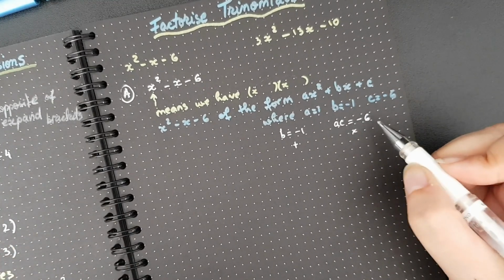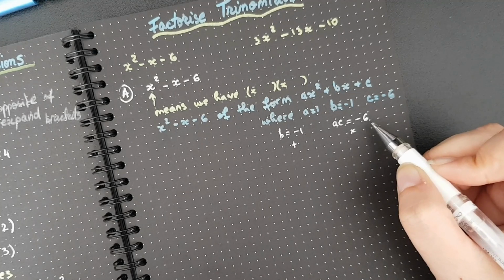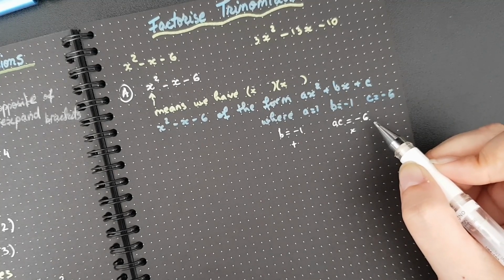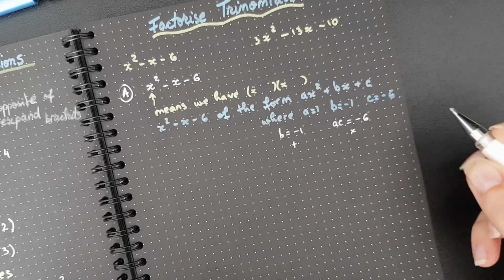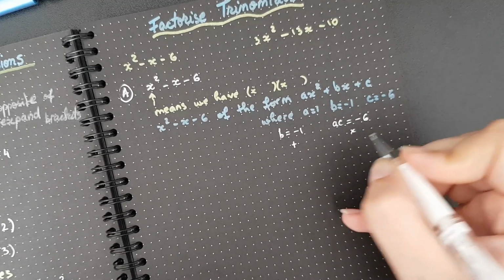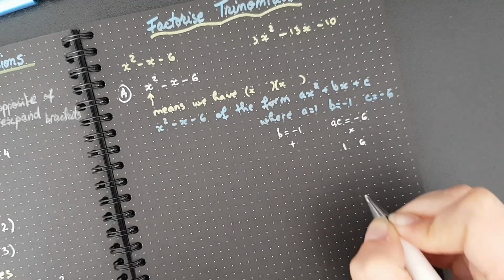So the way I go over this is I think of numbers that multiply to give me 6 first, and then how can I change those numbers to get -6? So numbers that multiply to give me 6 are 1 and 6, and then 2 and 3.